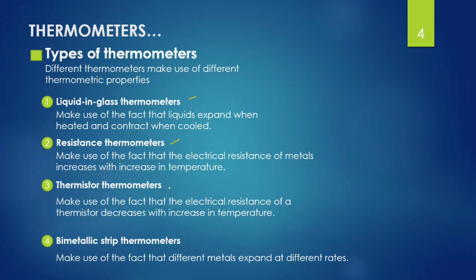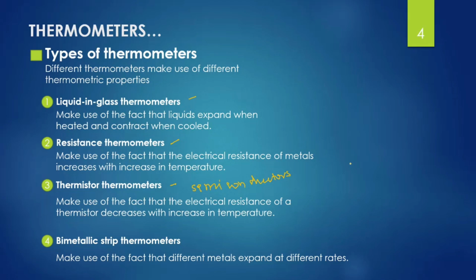A thermistor makes use of the fact that the electrical resistance of a thermistor decreases with increase in temperature. A thermistor is actually made of a semiconductor, and semiconductors have resistances that decrease with increase in temperature. And of course, we have the bimetallic strip thermometer, which makes use of the fact that metals have different expansion properties.